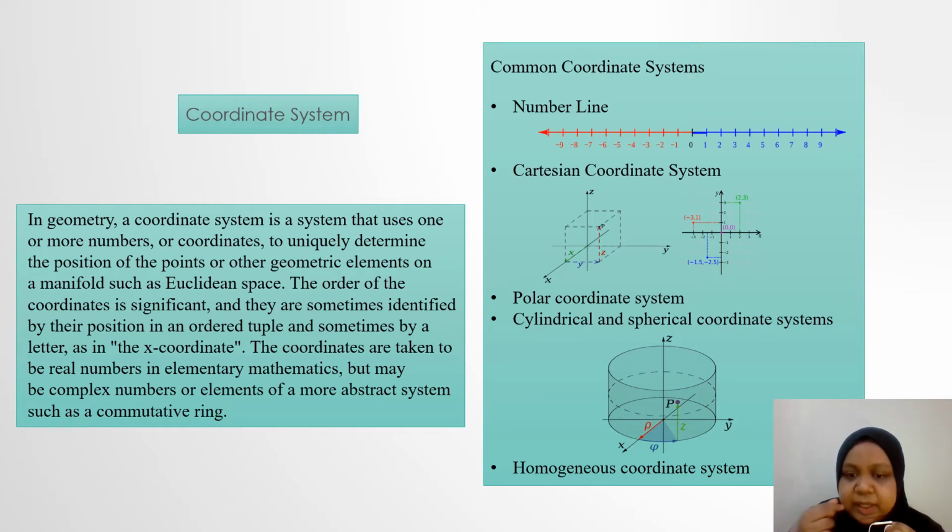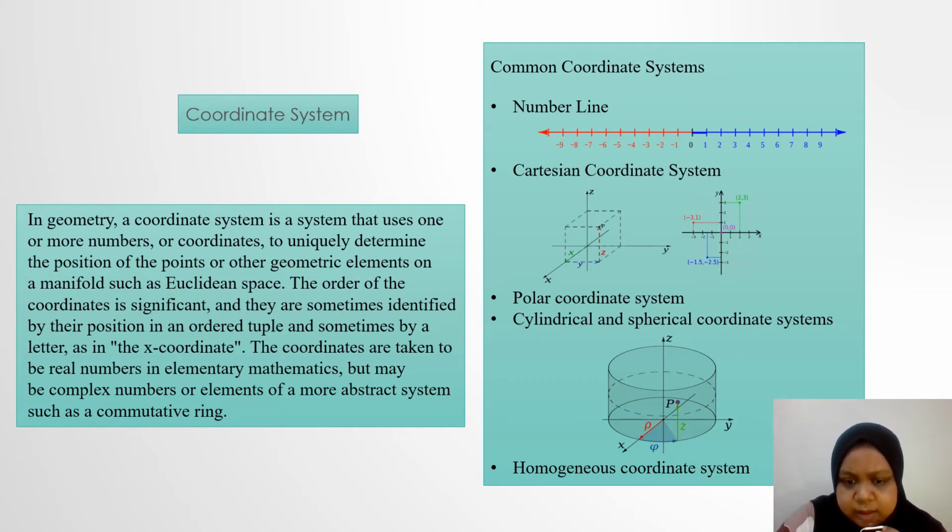There are two common methods for extending the polar coordinate system to 3D. In the cylindrical coordinate system, a z coordinate with the same meaning as in a Cartesian coordinate system is added to the r and polar coordinates, giving a triple.